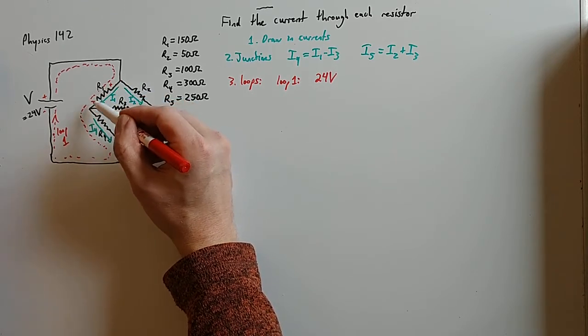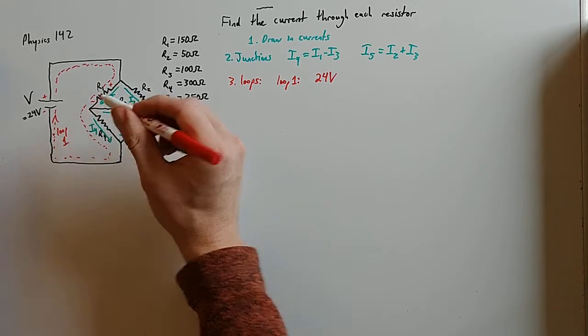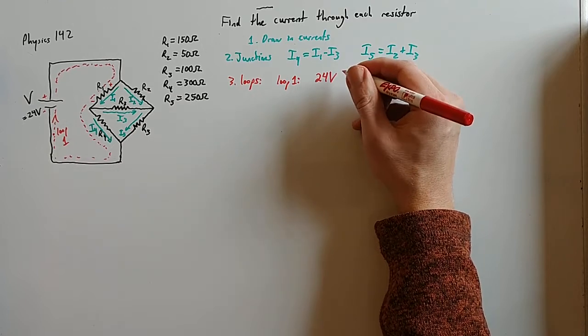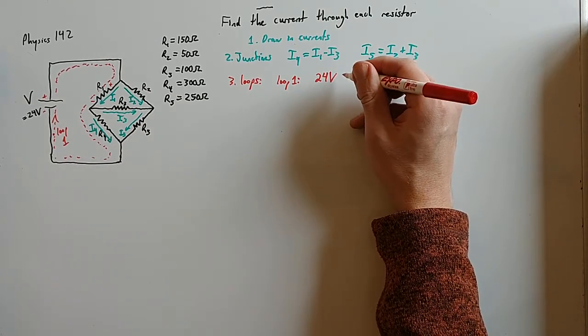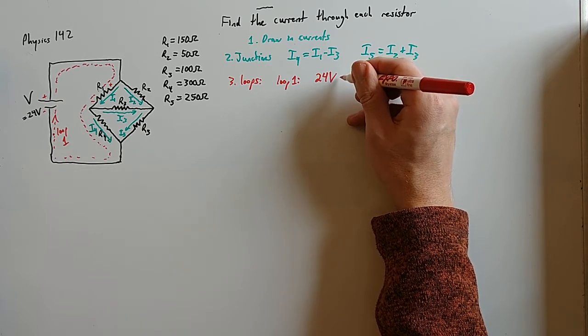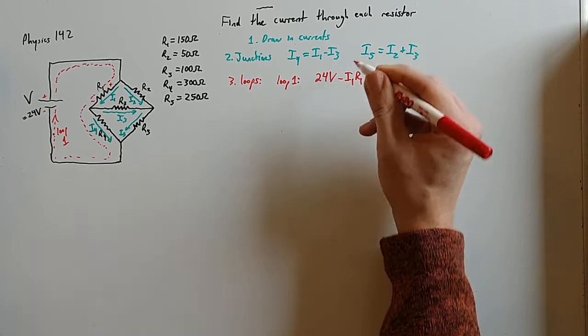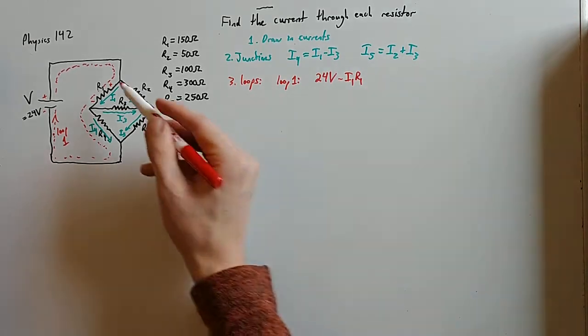You're going from positive to negative. That means you're going downhill. So as long as you're with the current going through a resistor, because resistors are resisting the current, you're going to lose some potential. And so specifically, how much potential are we going to lose? Well, we're going to lose I1 times R1's worth of potential.